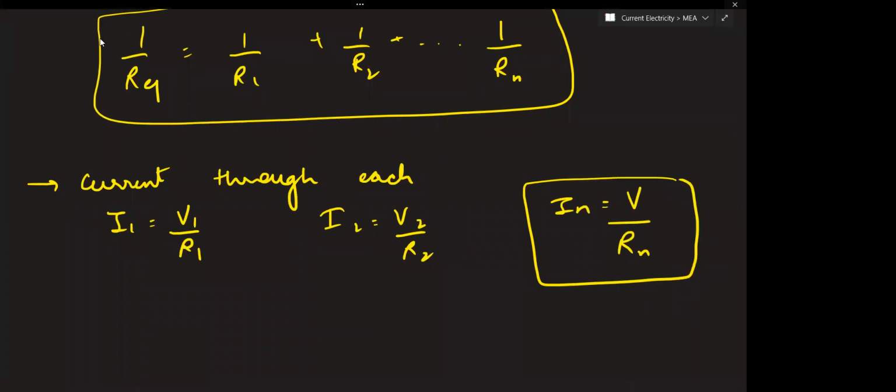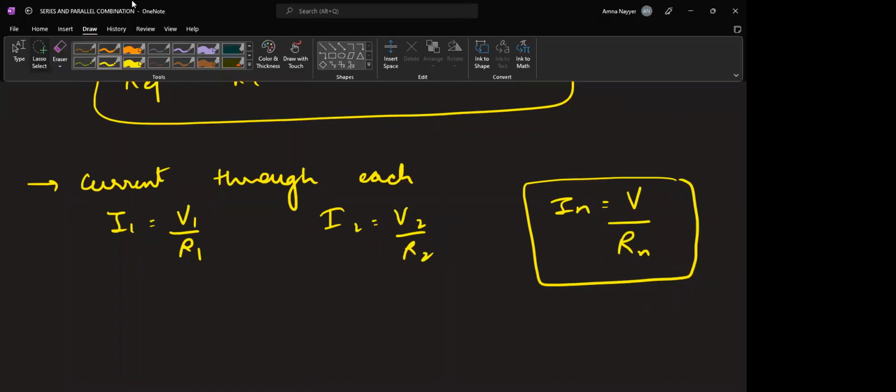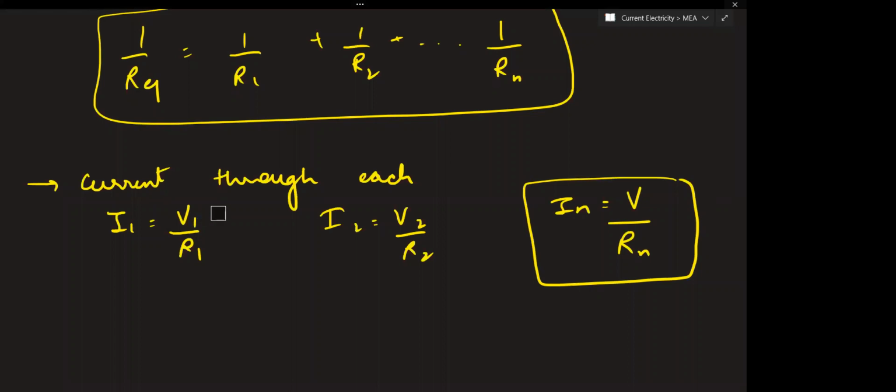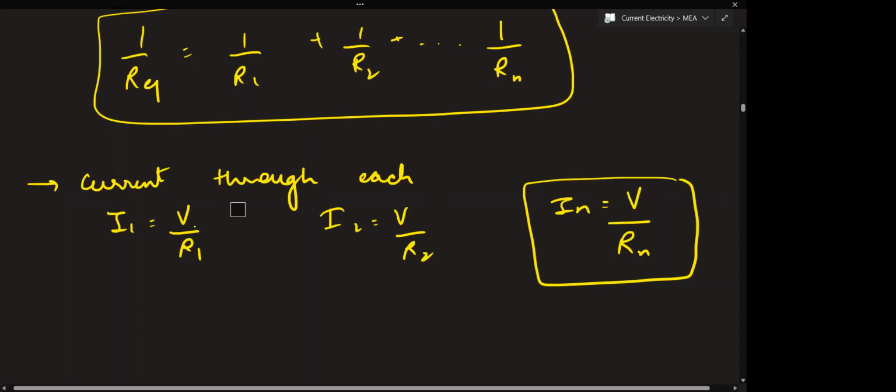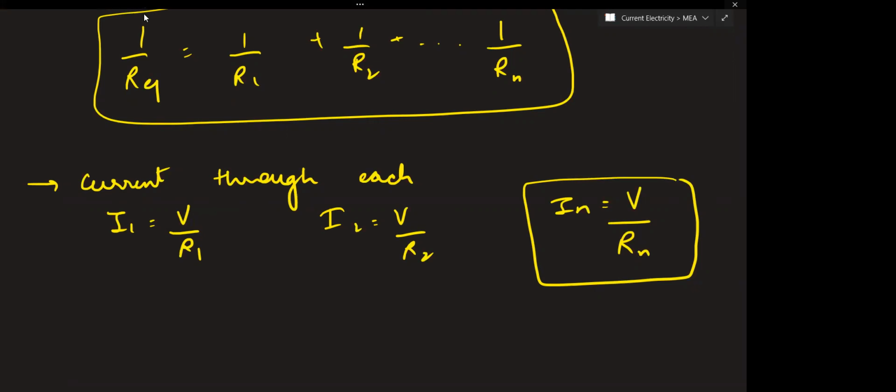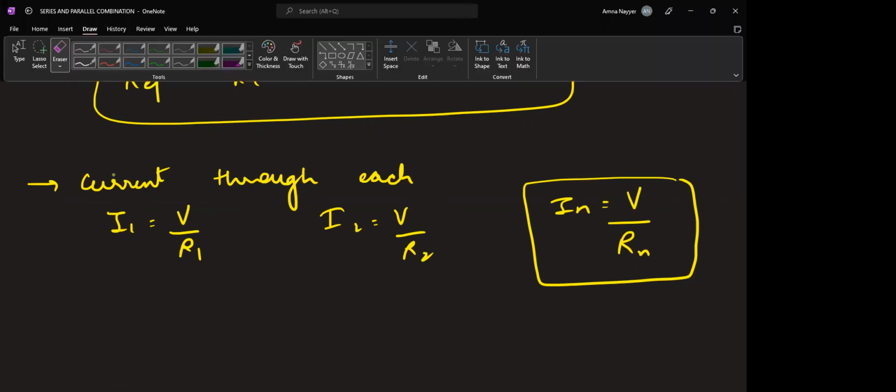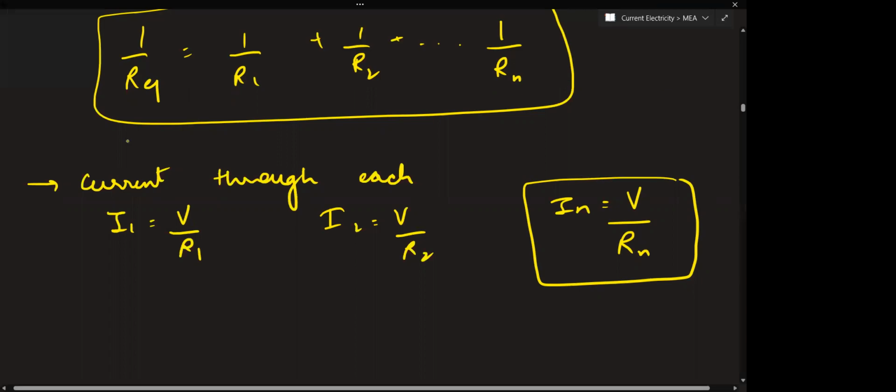Not V1, V2 here, because V is the same. So even if we write it as V1 and V2, voltage will be the same. So note down these things. We'll do a question on this as well.